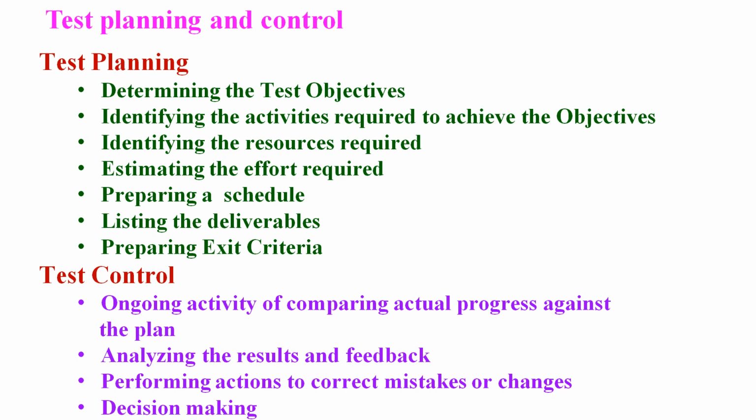And to achieve this objective, we have to identify some activities. An activity here is nothing but a task. To complete the test objective for each and every test, we have to do many activities, so first we have to identify what activities we have to perform to achieve this objective.